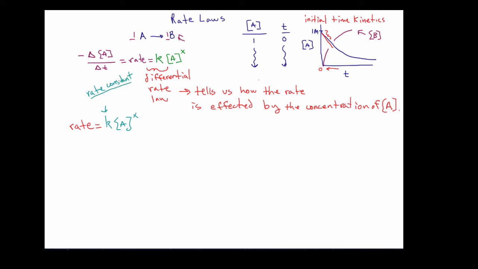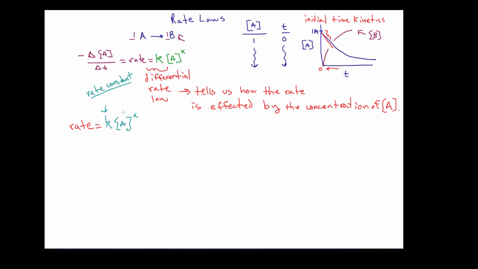It's a constant, which means that if we're at a fixed temperature, this value is not going to be changing. And I mentioned in previous videos, there are three main components. It's going to have in it the frequency of collision, the orientation of the collisions, and the energy of initiation of the reaction. Those three things are wrapped into this constant.